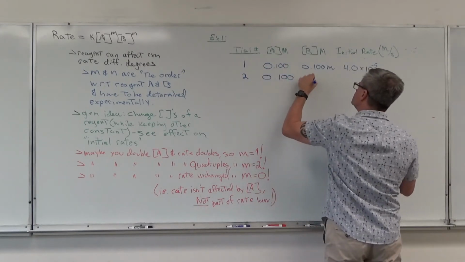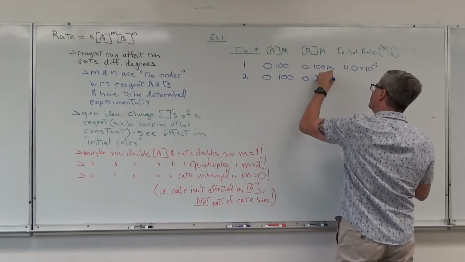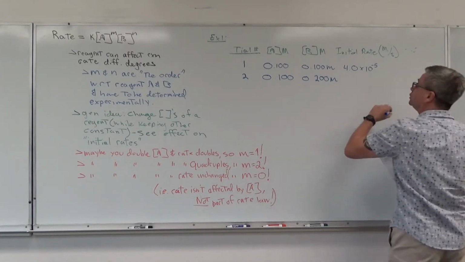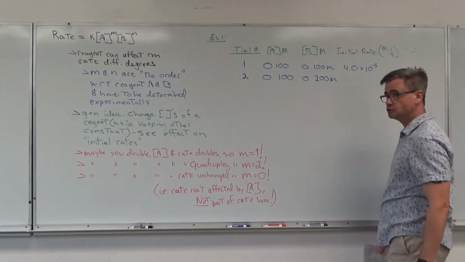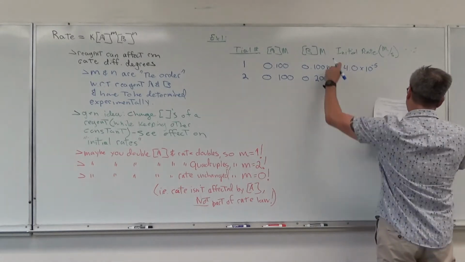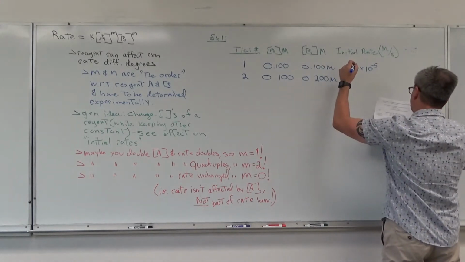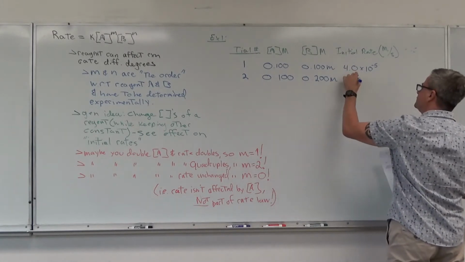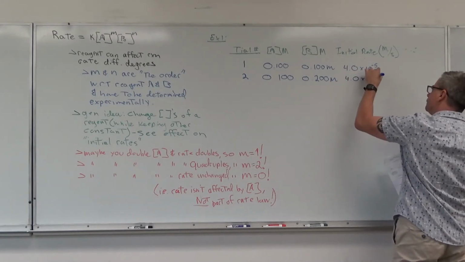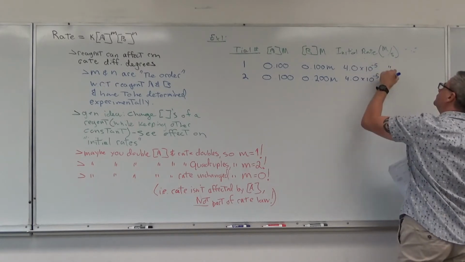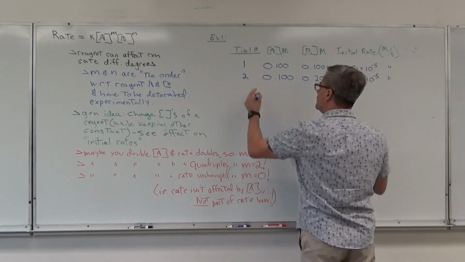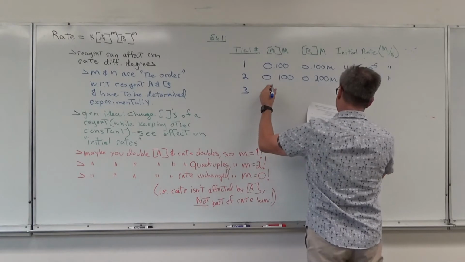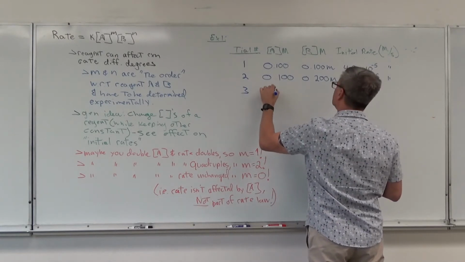I'm going to put this in here, and then I want you to think for a moment on what we can conclude about M and N. And in trial 2, this is the rate that we observed. And then in trial 3.